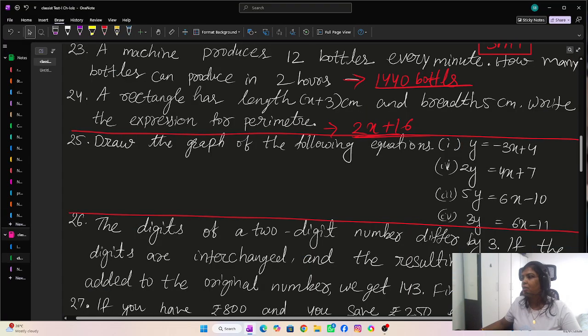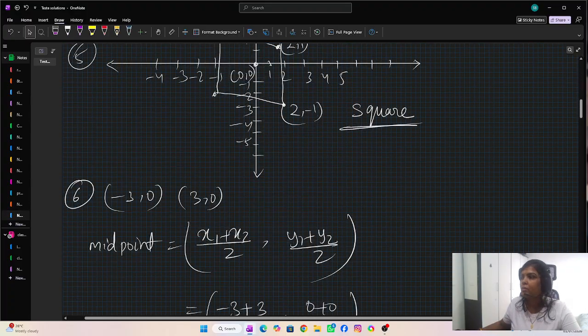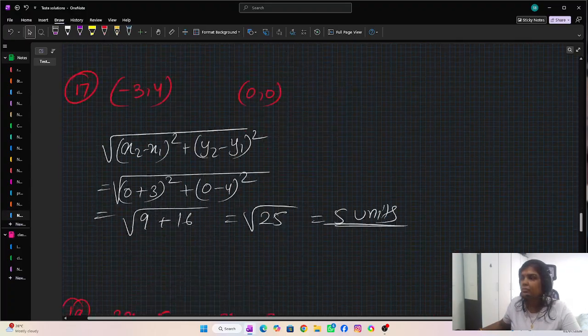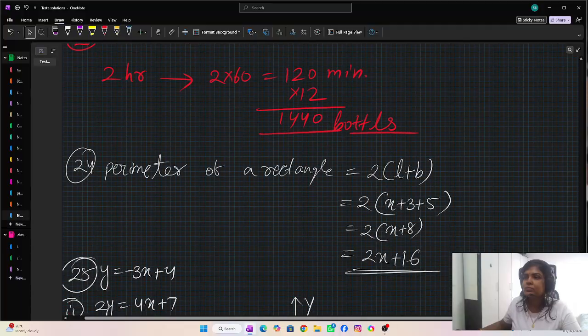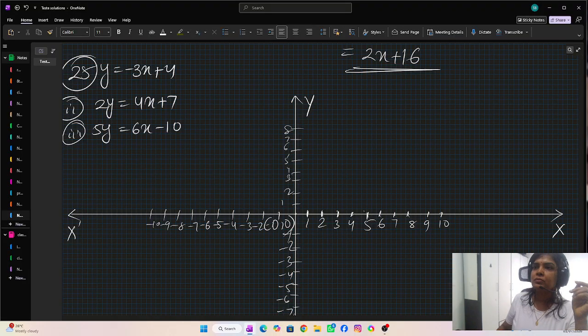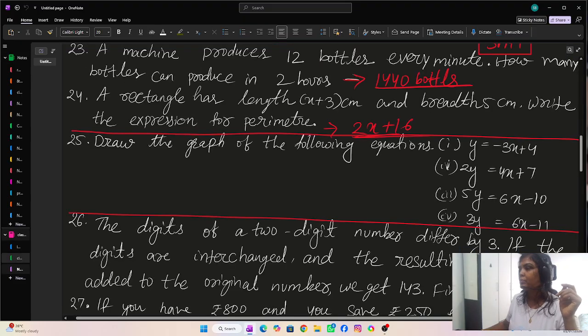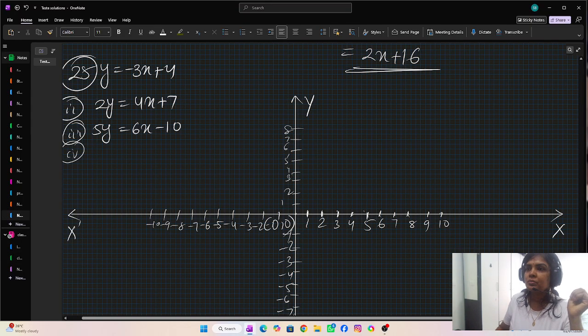The last equation is 3y is equal to 6x minus 11.